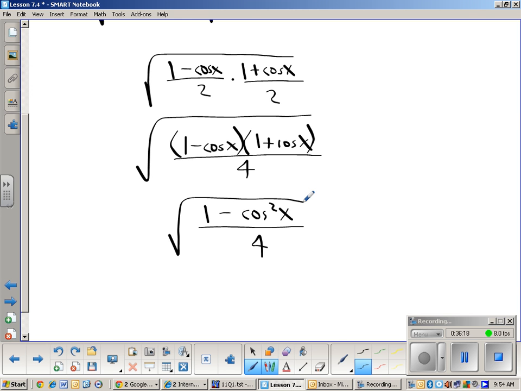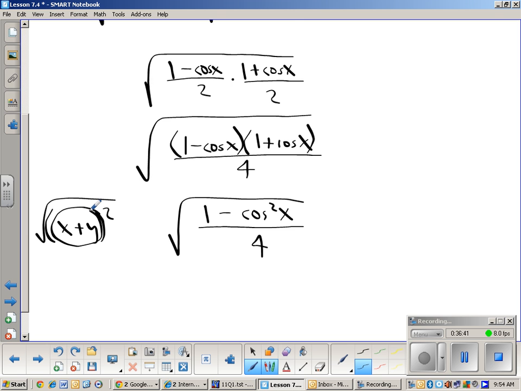Because that's what I want to do. And it wasn't working because I can't just square root that. If I had something like x plus y squared, and I square root it, I get x plus y. But here I don't have a quantity squared, I have individual terms squared. Yeah? But the 1 minus cosine squared x, that equals sine squared x.